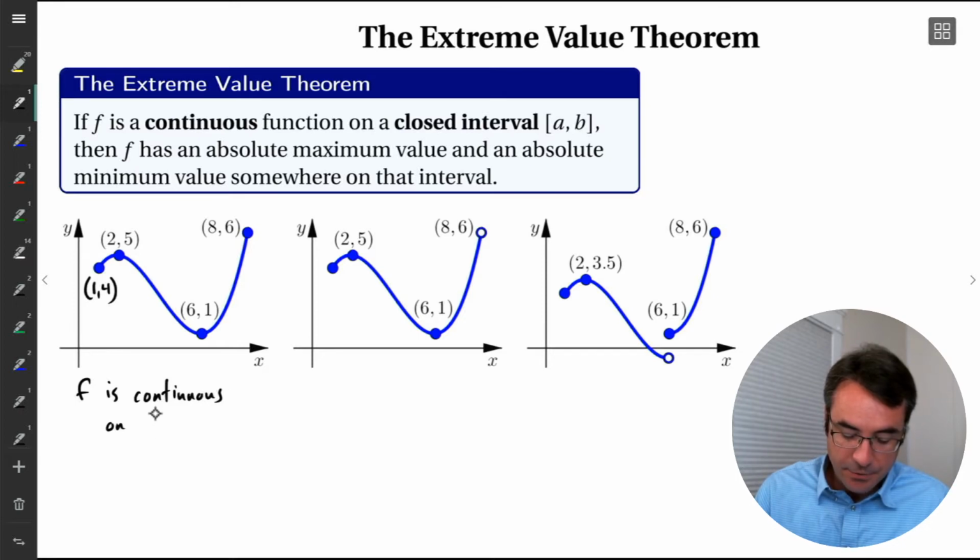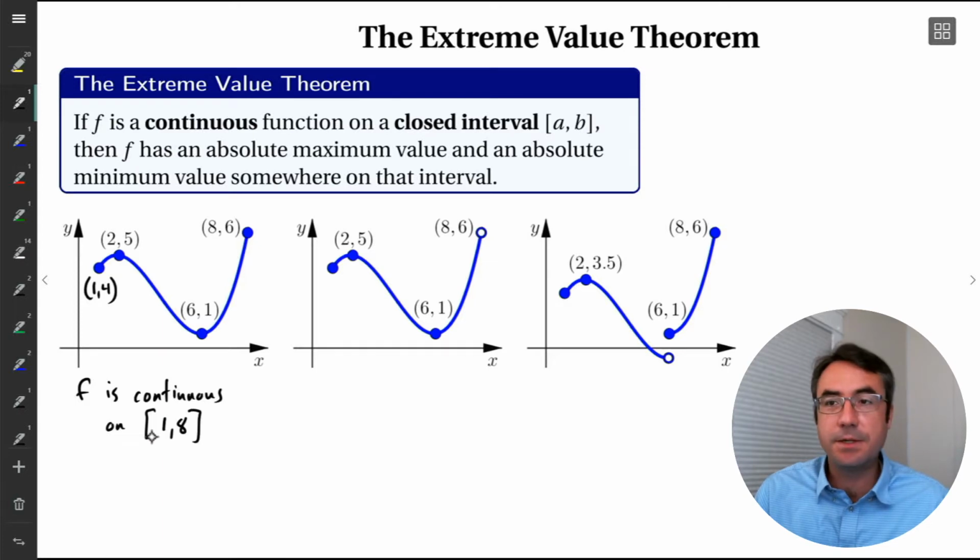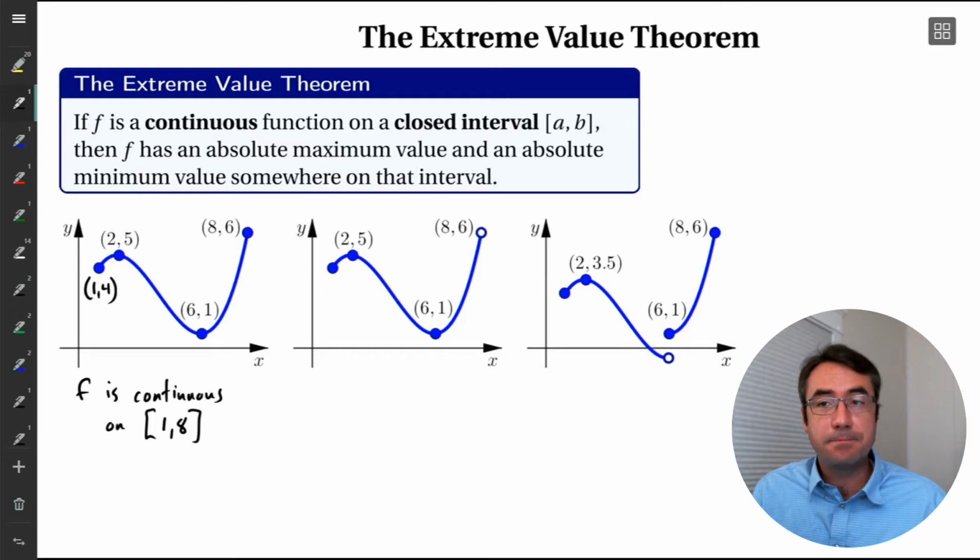So this is a continuous function on the closed interval from x equals 1 to x equals 8, where the endpoints for that interval are included. So our function's continuous and it's defined on a closed interval, so it's guaranteed by this theorem to have an absolute max and an absolute min.